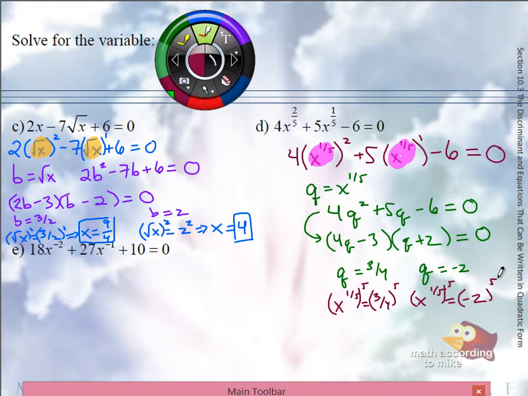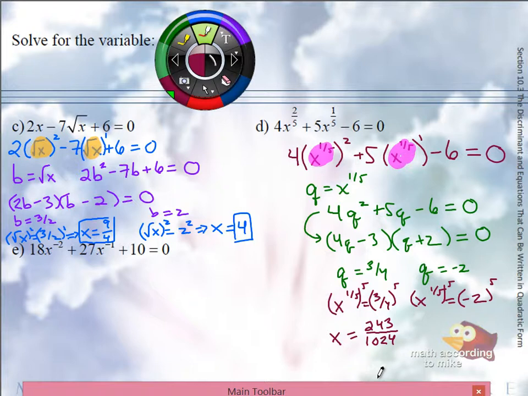What is x to the 1/5 to the 5th? X. What is 3/4 to the 5th? Does that reduce?